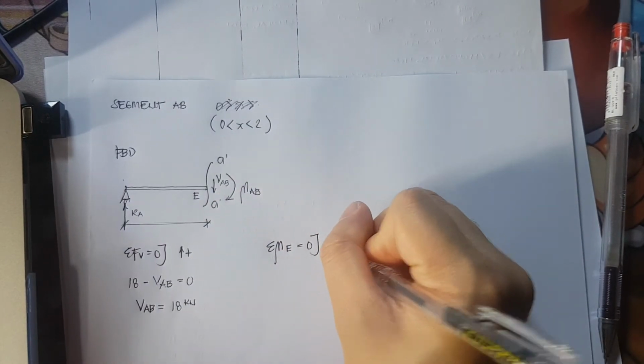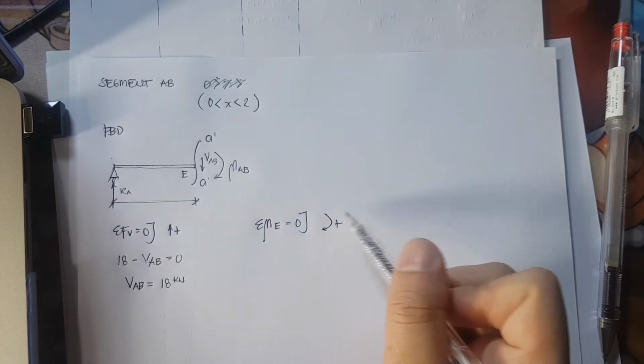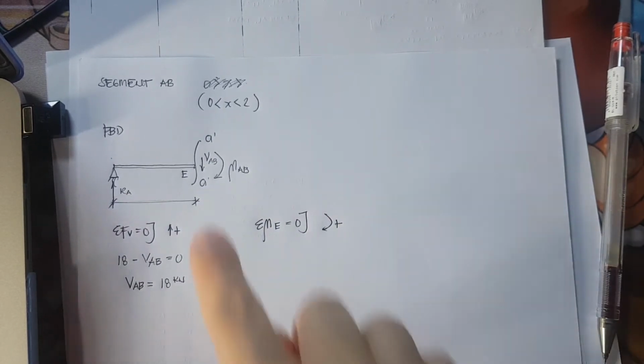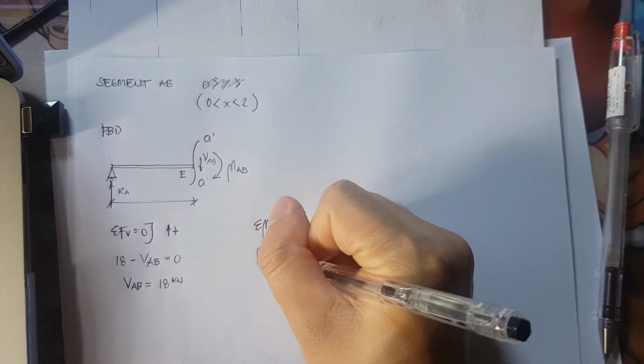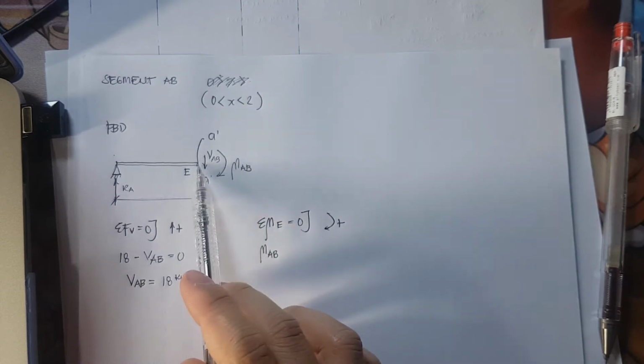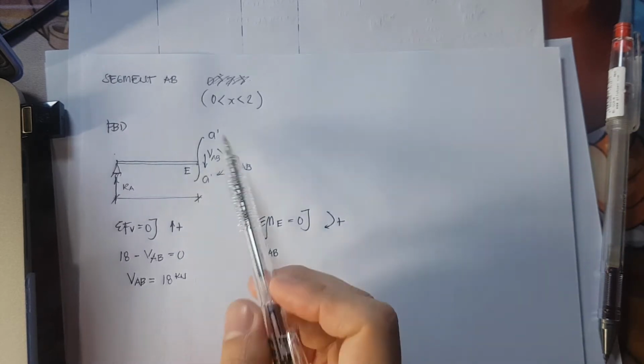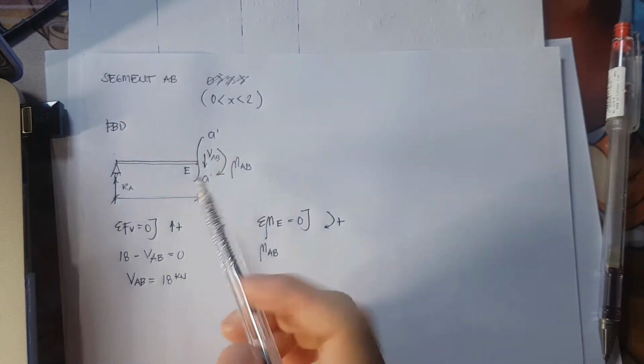All forces rotating clockwise should be positive because I am assigning that all forces rotating clockwise are positive. So I have here moment AB. Shear AB is at the point of reference for rotation, so that is 0.